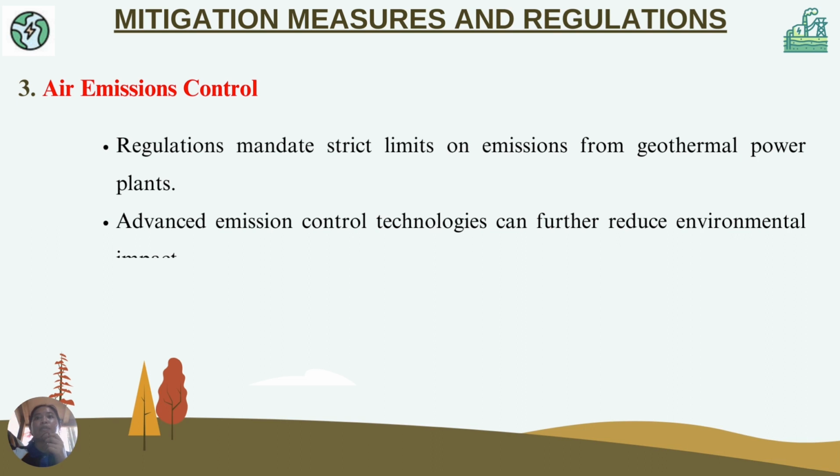So this includes removing harmful gases like hydrogen sulfide through processes like scrubbing, capturing particulate matter using technologies such as electrostatic precipitators or baghouses, and properly handling non-condensable gases like carbon dioxide. So these controls are crucial to minimize air pollution, protect air quality, and comply with environmental regulations, reducing the plant's impact on the surrounding environment and human health.